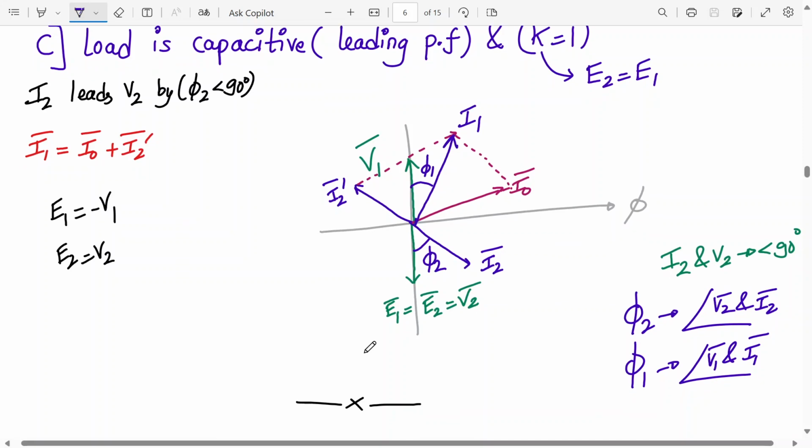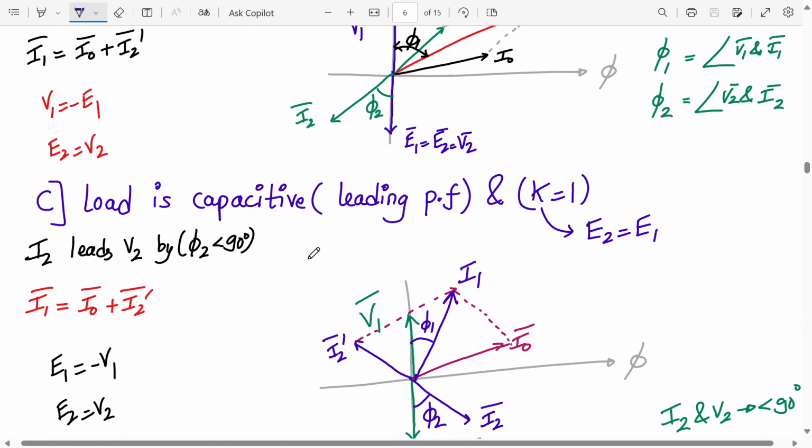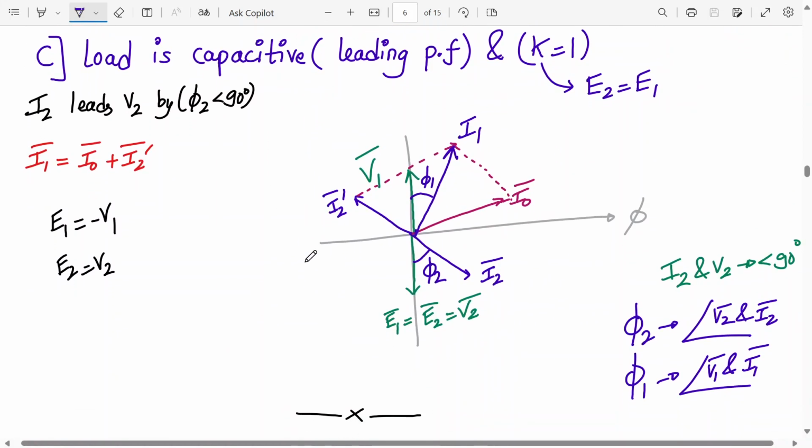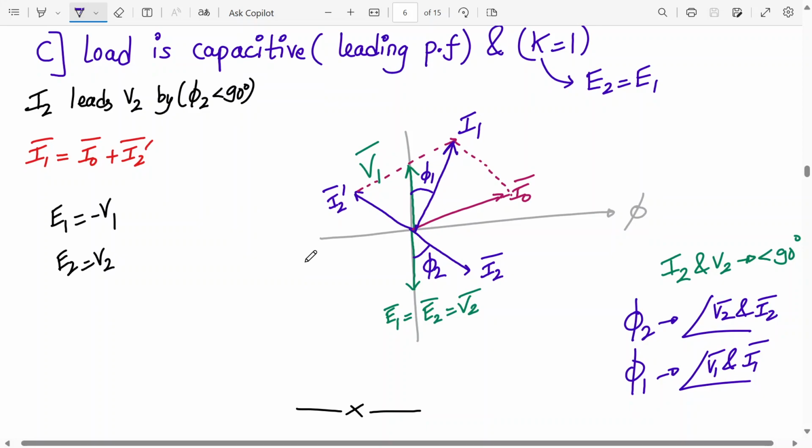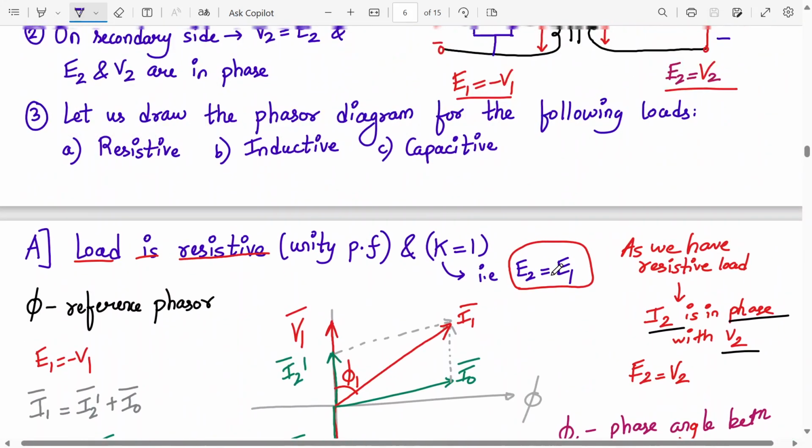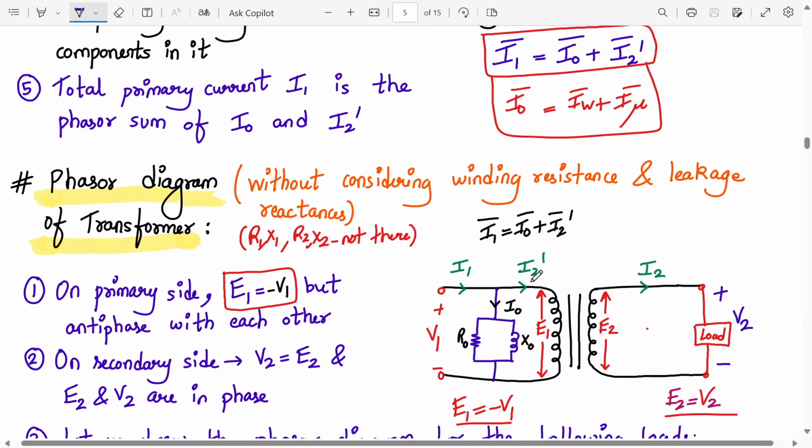So these three phasor diagrams where the load is resistive, inductive and capacitive, here we have not considered R1, X1, R2, X2. So next time, in half an hour's time, right now it is around 3 o'clock, so at 3:36 we'll restart with the same meeting link.